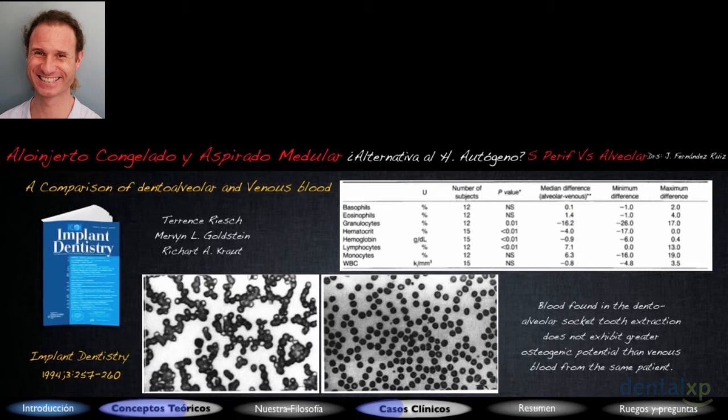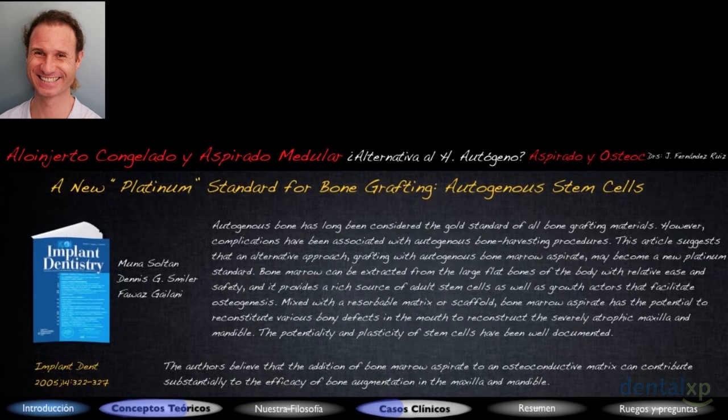Now, the paper in 2005 by Sultan talks about a new perspective, a new platinum standard for bone grafting. And he talks about a medullary aspiration system with which he will achieve a quantity of autogenous stem cells that, in combination with osteoconductive grafts, will increase the regenerative capacity.